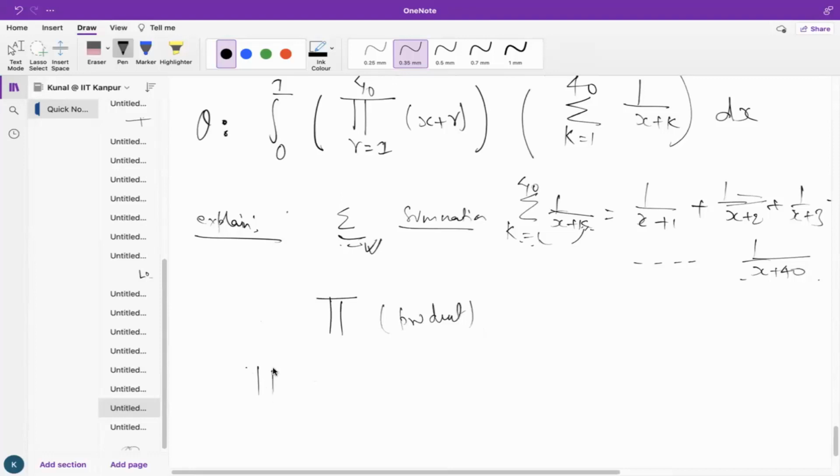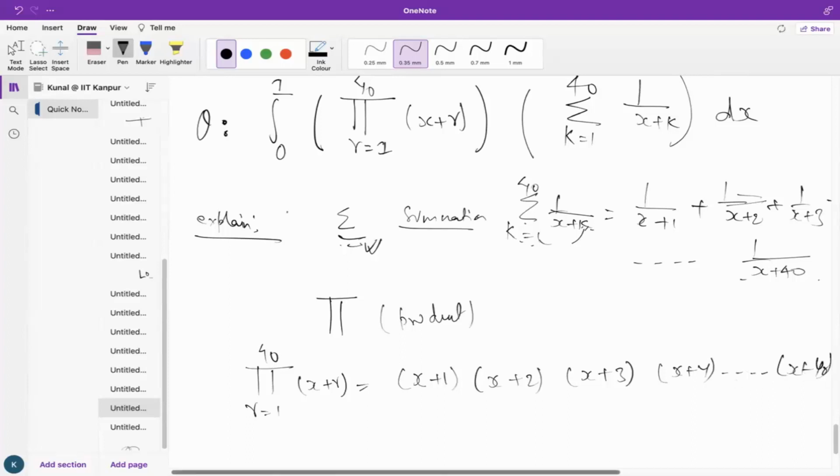So if somewhere you find pi r equal to 1 to 40 of x plus r, that means it is written in the form of a product. Summation represents each term written in terms of addition, and here each term is written in terms of product. So r equal to 1 gives x plus 1, then r equal to 2 gives x plus 2, x plus 3, x plus 4, and so on up to x plus 40.